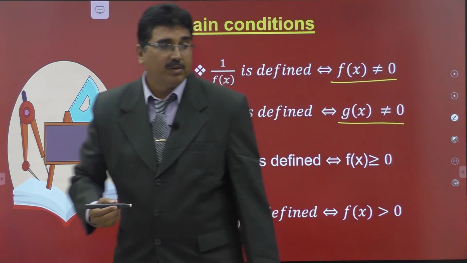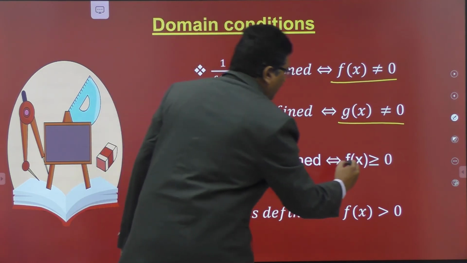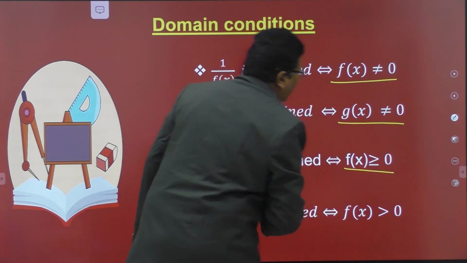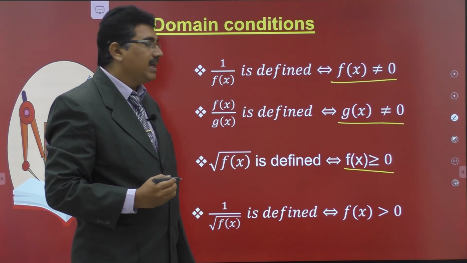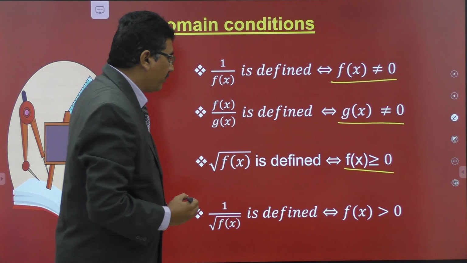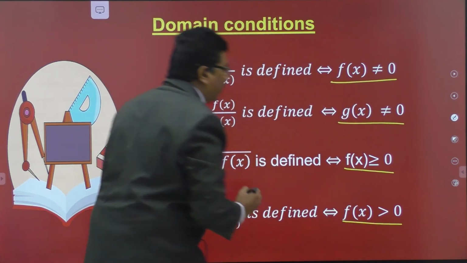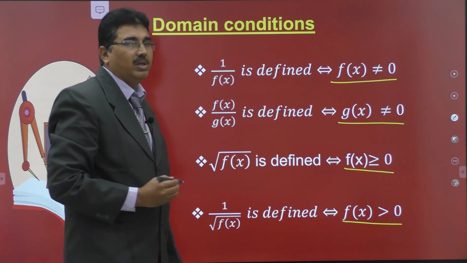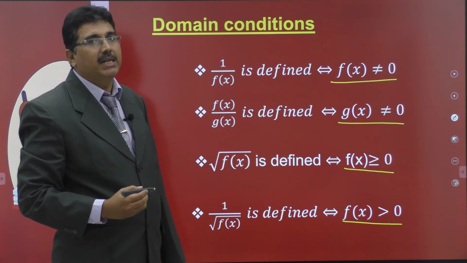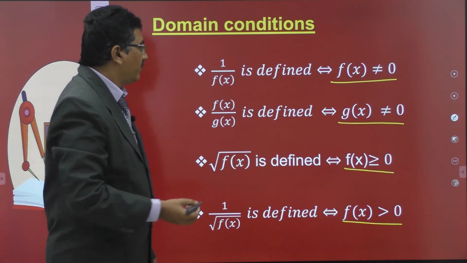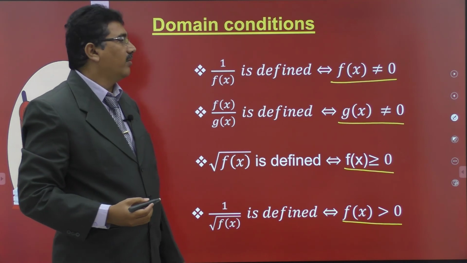Now, if f of x greater than or equal to 0, root f of x is defined. If f of x greater than 0, then 1 by root f of x is defined. Follow these conditions, we get the domain of a function.